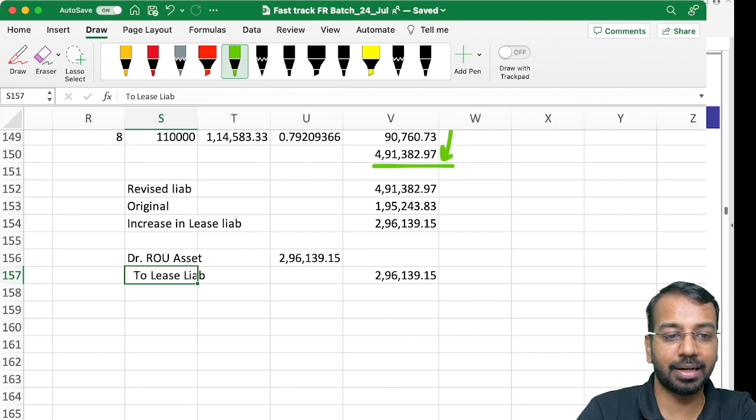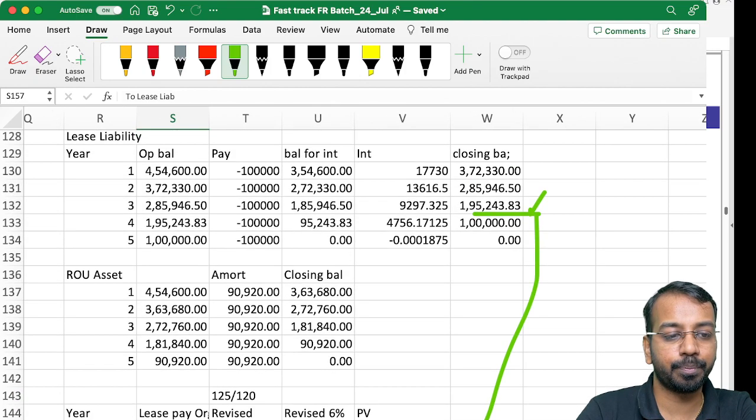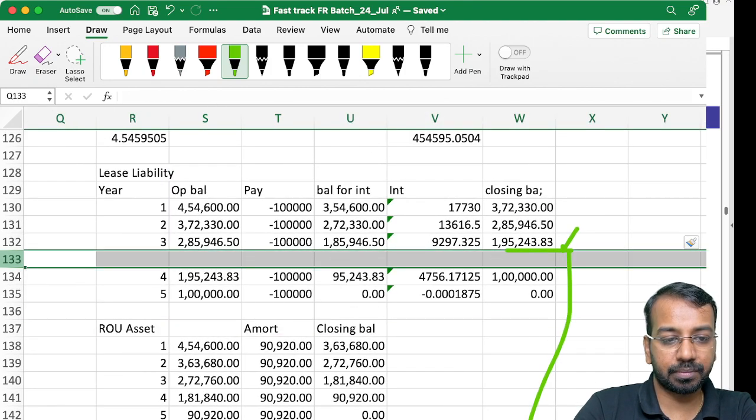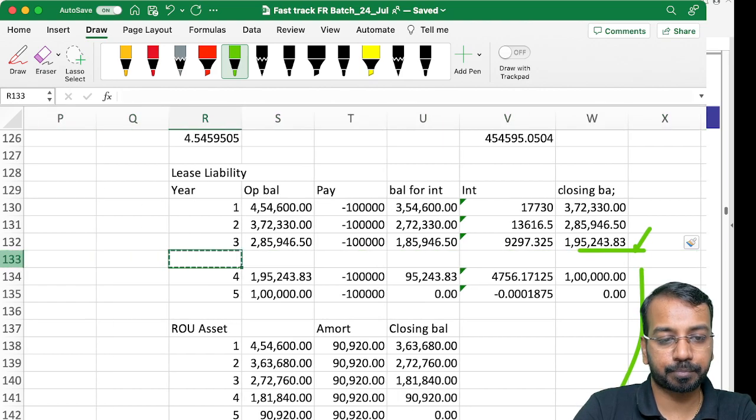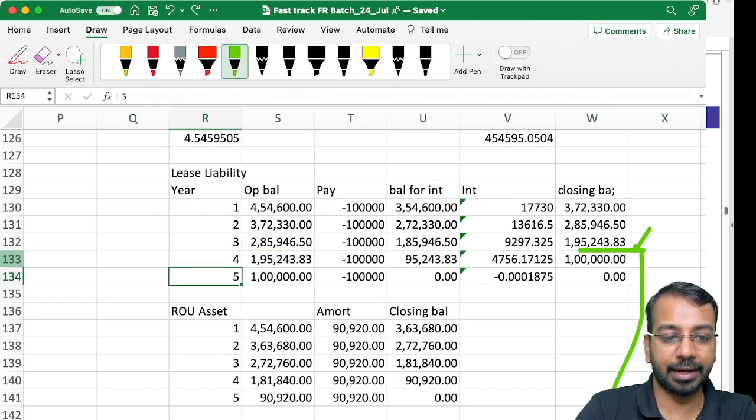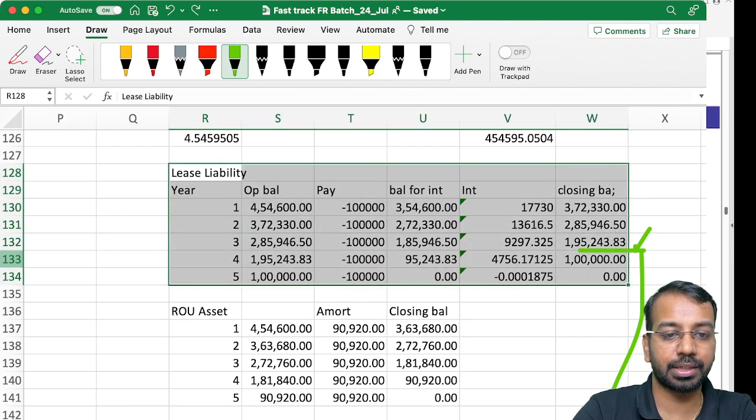Then what will happen is, I'll just update this table and show you. This is the original thing we did, right? Now I'll update this table and show how it changes.